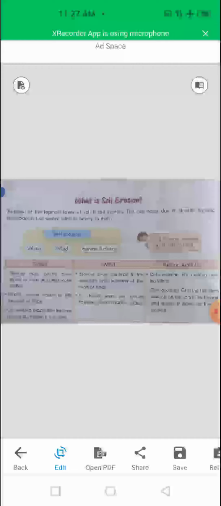Soil erosion reduces the fertility of soil also.